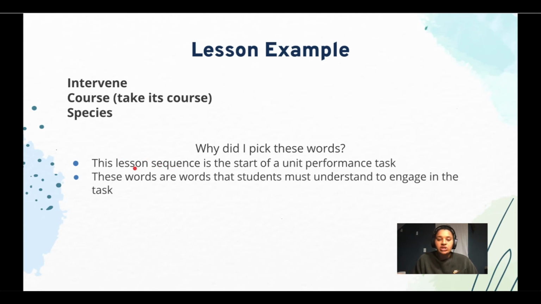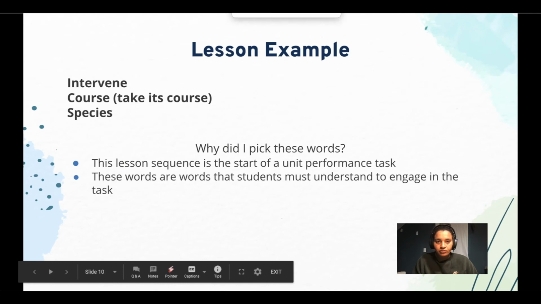If I want students to be able to engage in the task that I'm asking them to complete, it's really important that they have made meaning of these words. And the beginning of the unit sequence is the best time to introduce these words and to give students an opportunity to do a little activity to help make connections between their native language and the English question.